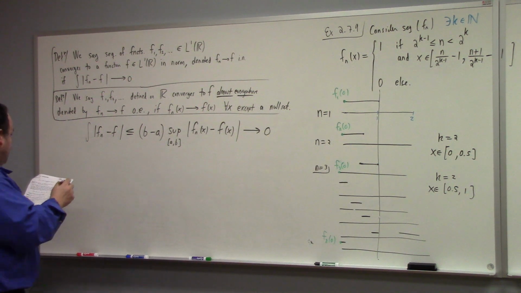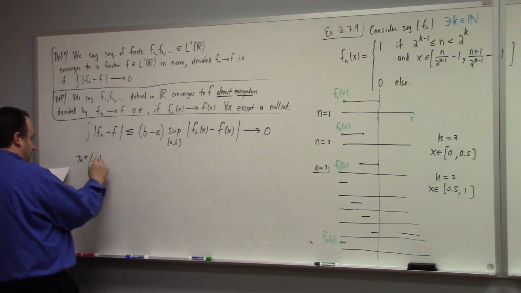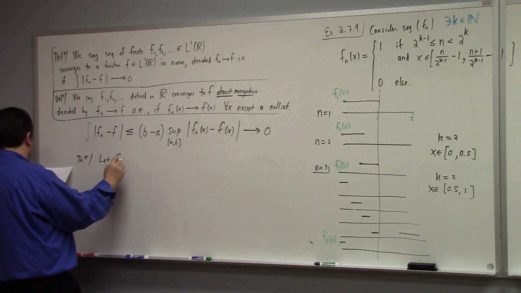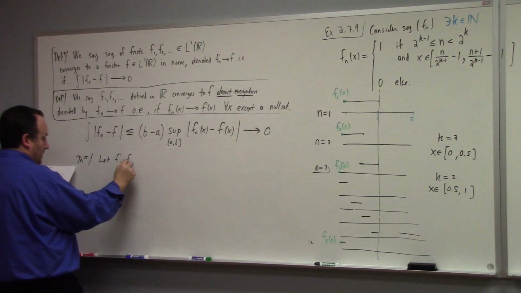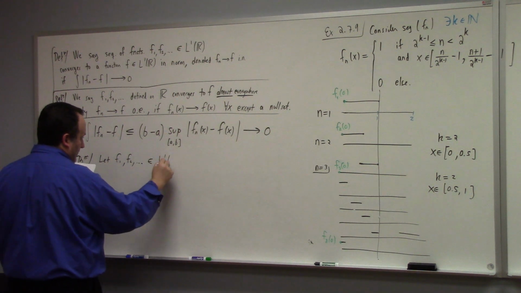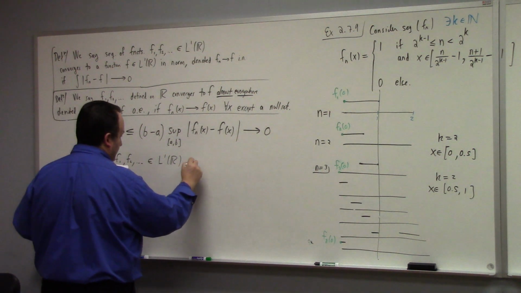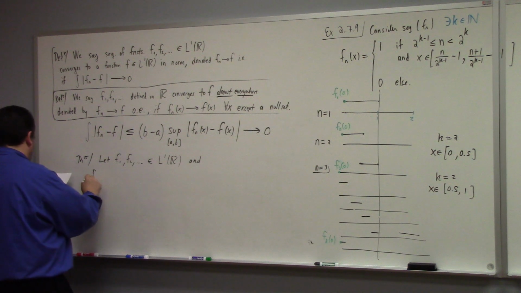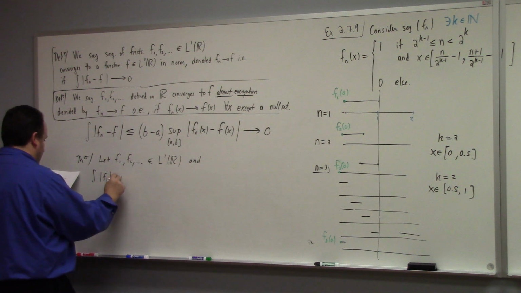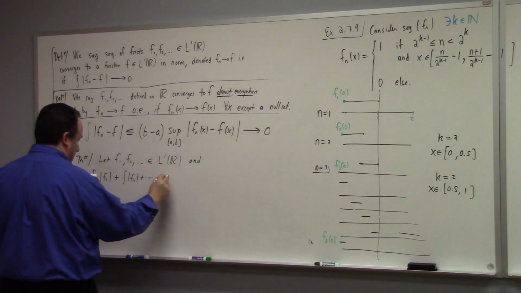Okay, so the theorem is: let F1, F2, ... be Lebesgue integrable, and suppose the integral of the absolute value of F1 plus the integral of the absolute value of F2 plus ... is less than infinity.